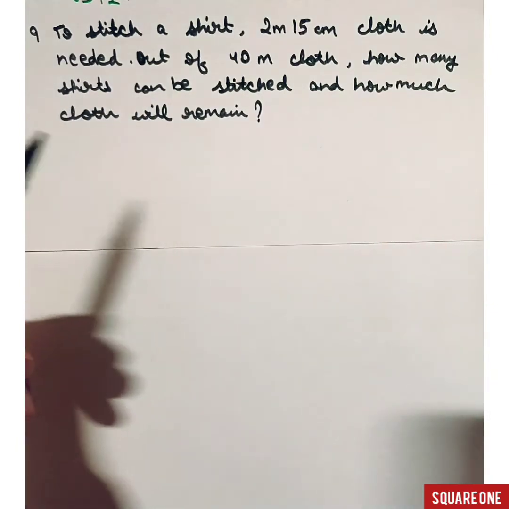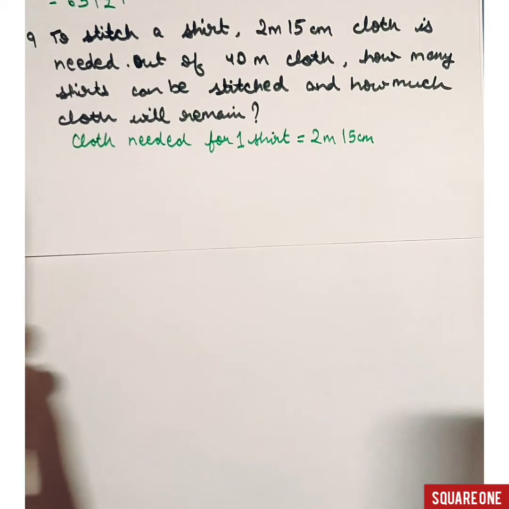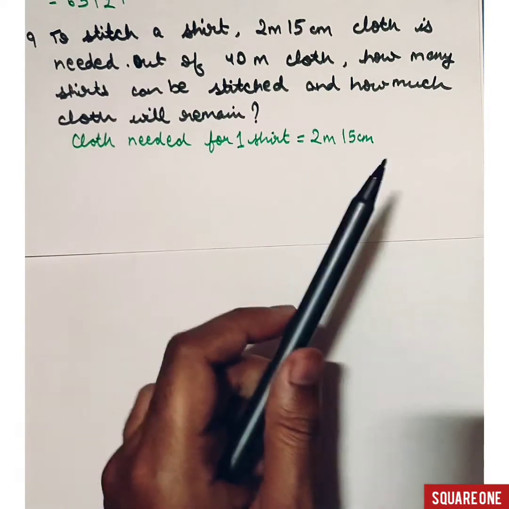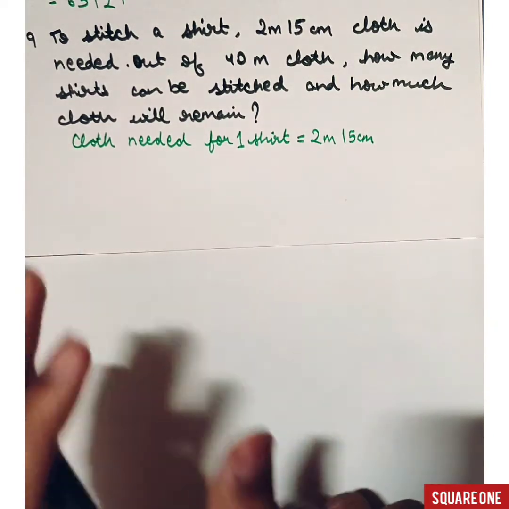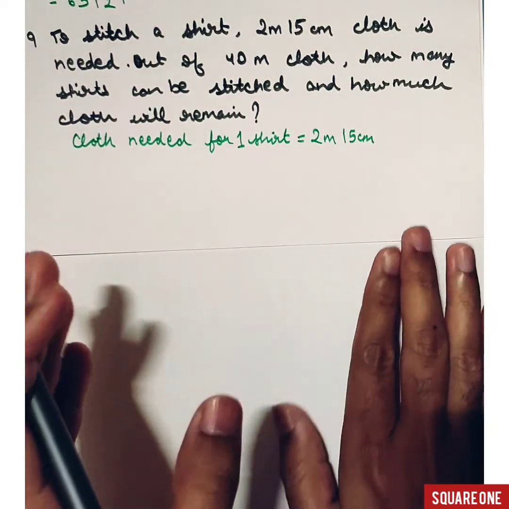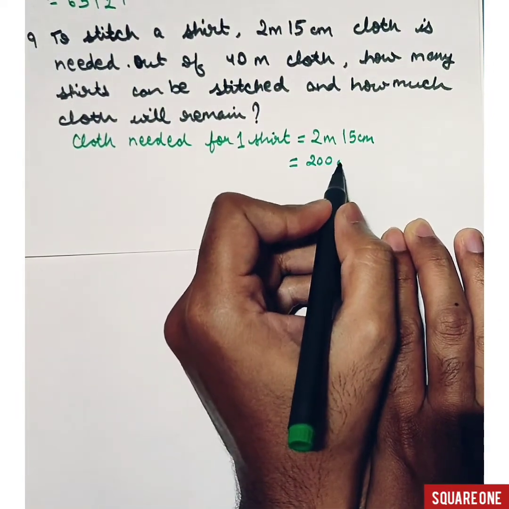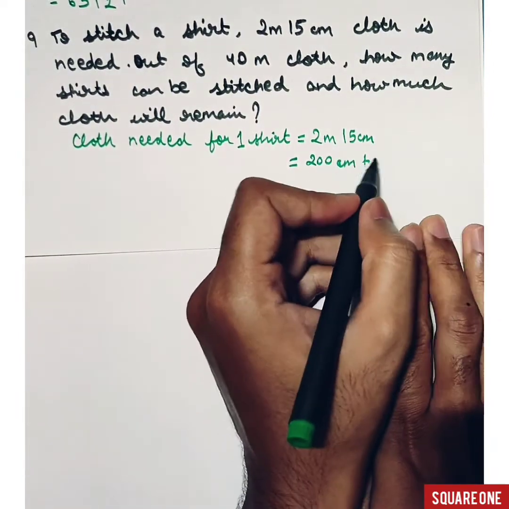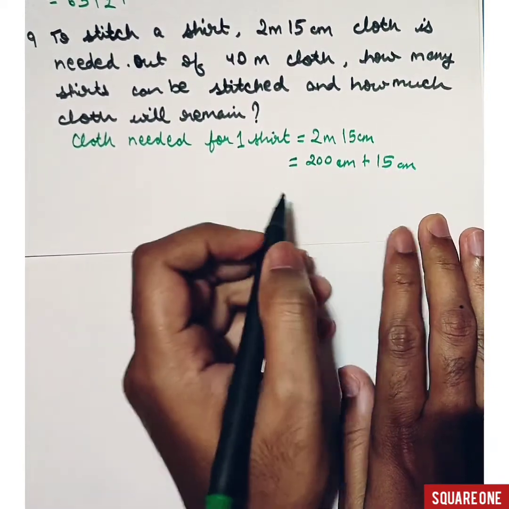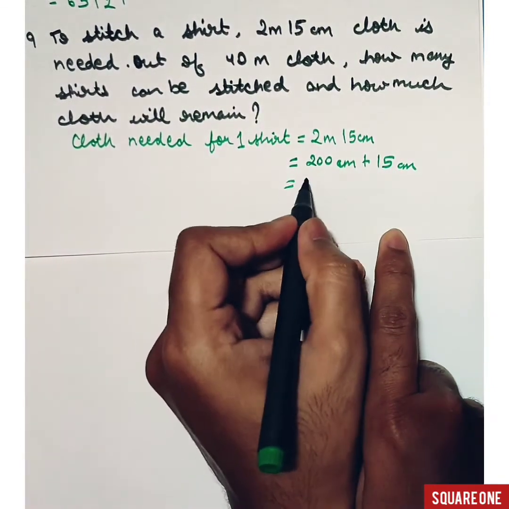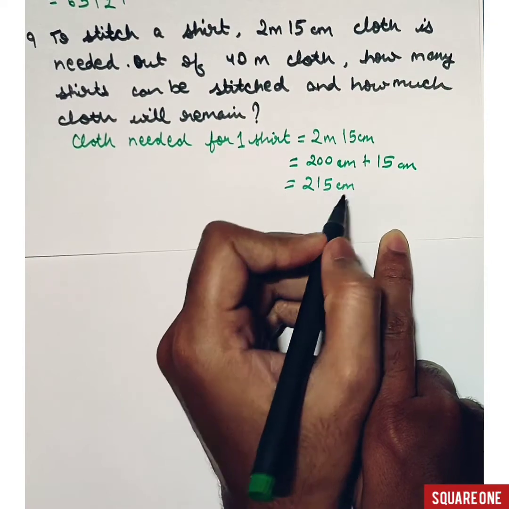Now the cloth needed for one shirt is 2 meters 15 centimeters. We know that 1 meter is equal to 100 centimeters. That means 2 meters is equal to 200 centimeters, and adding 15 centimeters we get 215 centimeters. This is the length of cloth we need for one shirt.